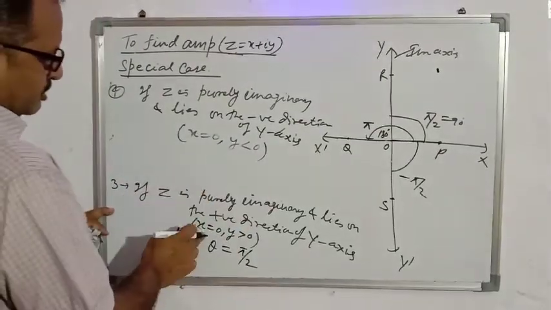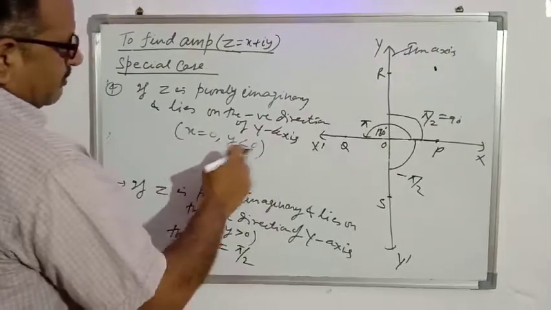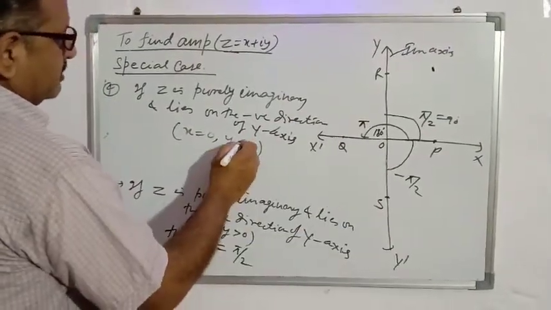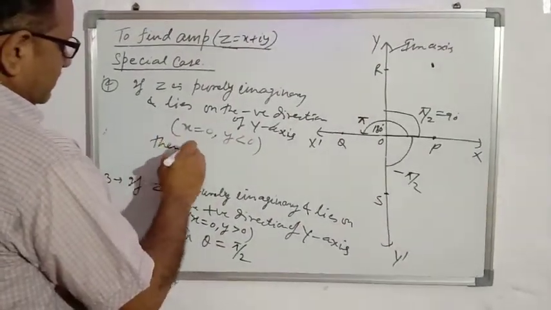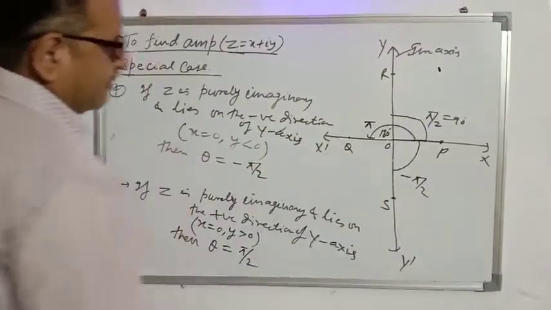Here x is equal to 0; y greater than 0 is above the origin, y less than 0 is below the origin. Then theta will be minus pi by 2.